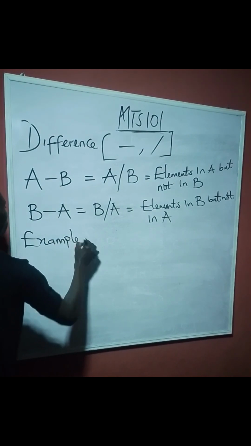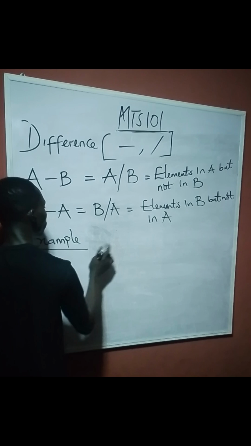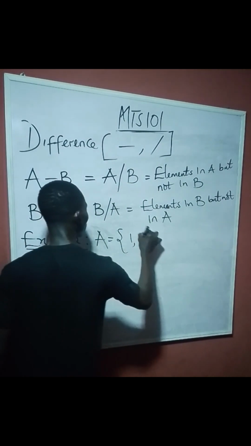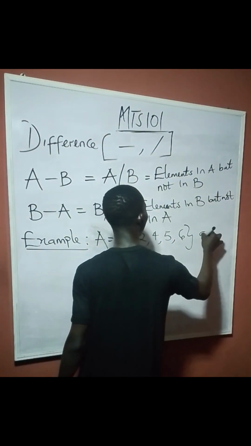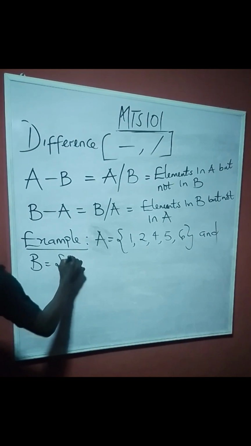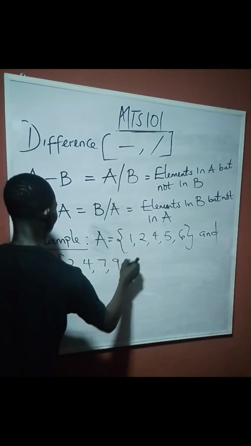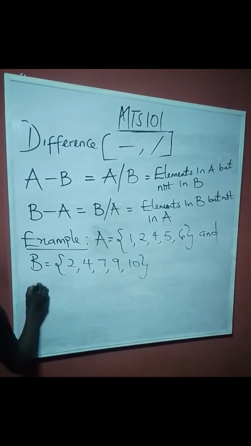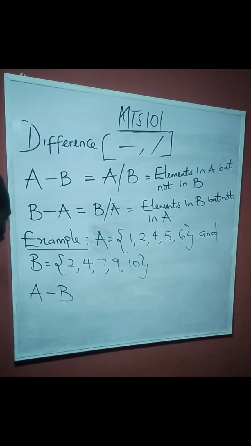Let's define set A as 1, 2, 4, 5, 6 and B as 2, 4, 7, 9, 10. And the question says find A minus B, or A difference B.